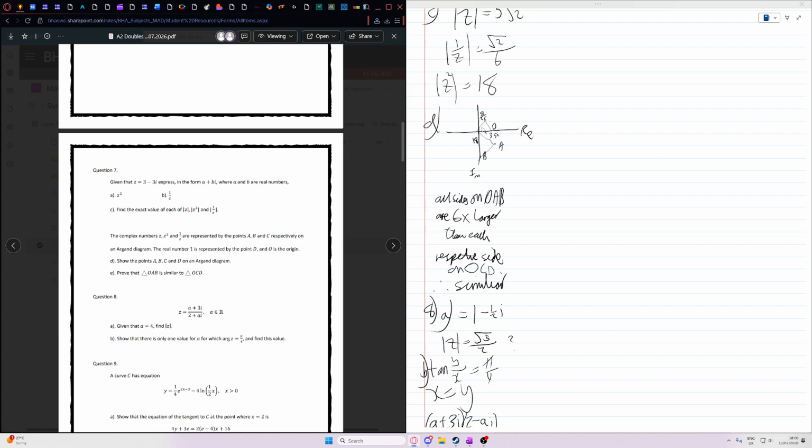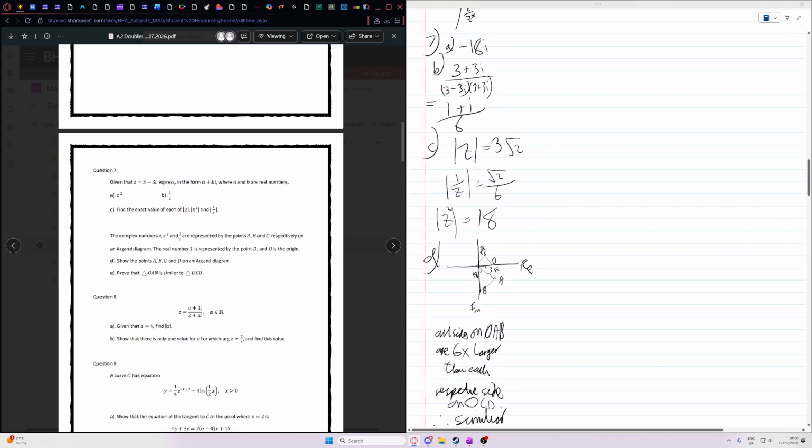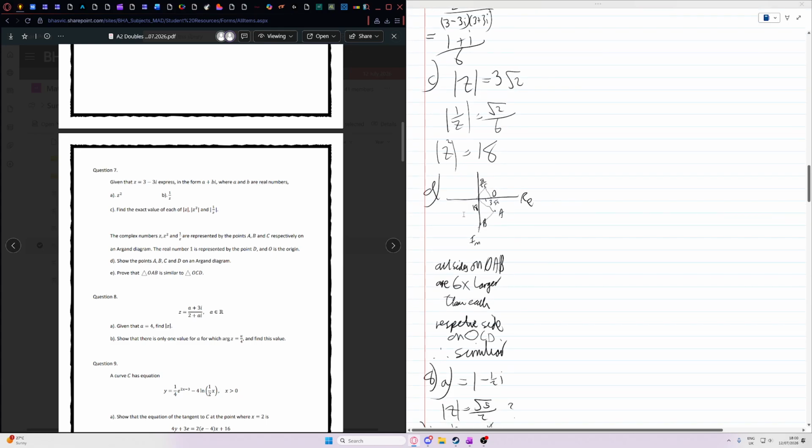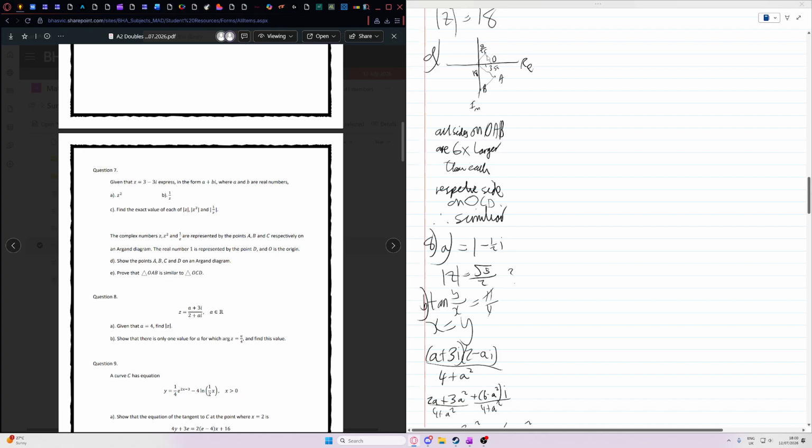If you show all these points on the Argand diagram, you can see that this modulus here is 18, so this length is going to be 18. You can see this is 3 root 2 because the modulus of this is 3 root 2. And then if you use the modulus of C, or 1 over Z, you can see that this is going to be a multiple of each side.